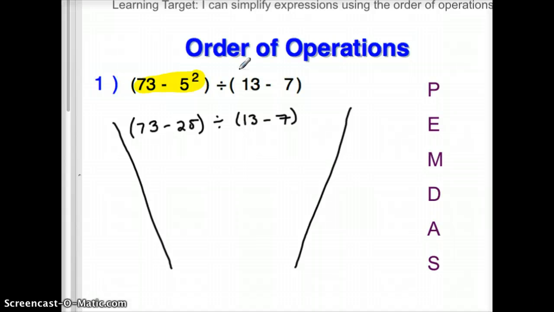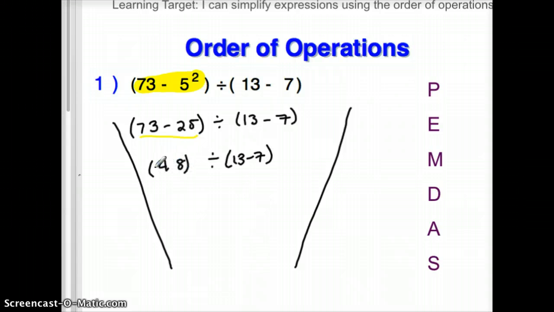Now I'm still working within this parenthesis, and I'm supposed to next ask, do I have multiplication or division in that set of parentheses? No. Do I have addition or subtraction? Well, yes, I do have subtraction. So 73 minus 25, you can double check, you should get 48.